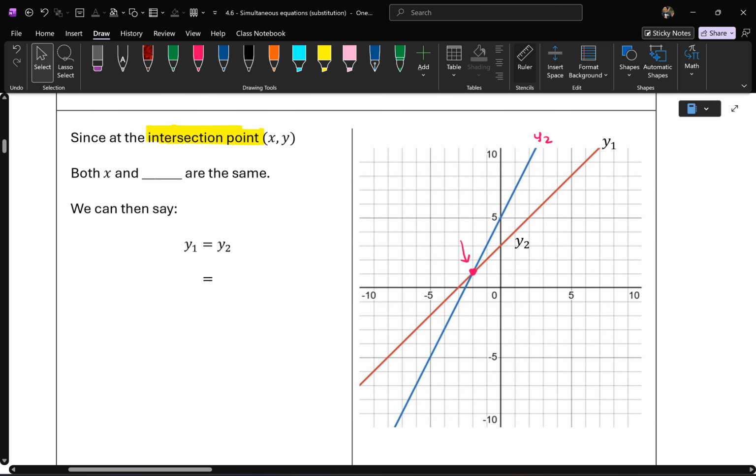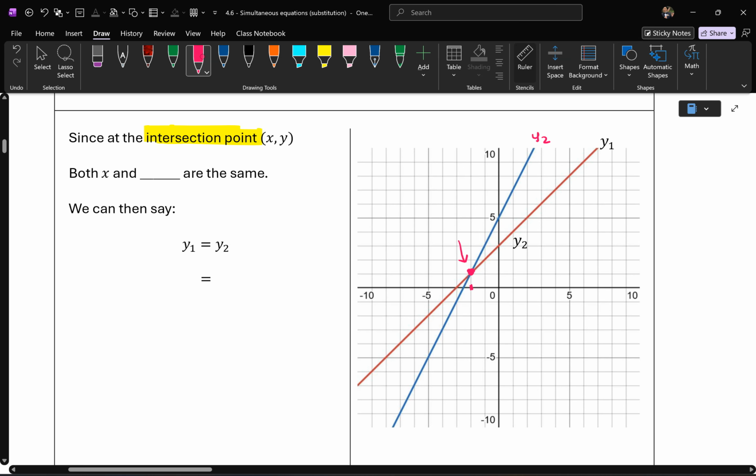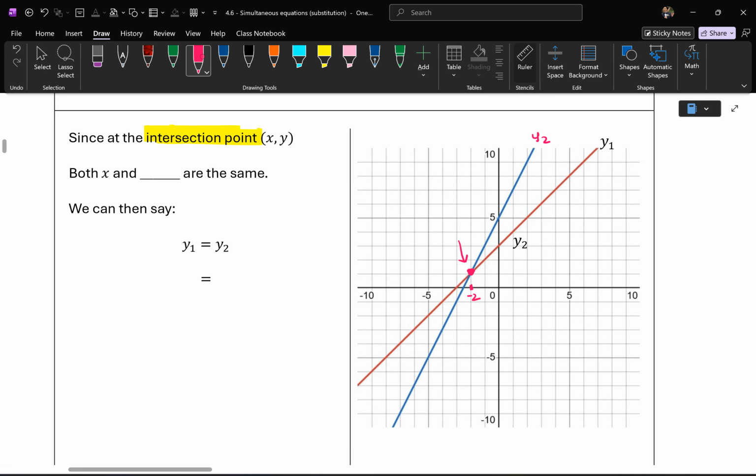That'd be -2. -2 on the x-axis, and what's the y value? -2 on the x, because it goes -1, -2. And then you're right, it is +1. +1 on the y. So on the y, it's +1. On the x is -2. So the coordinates would be -2, 1.